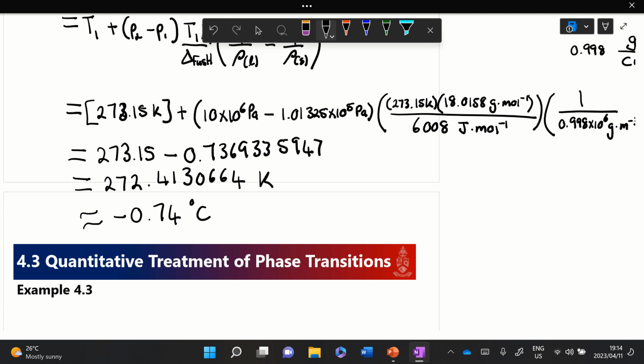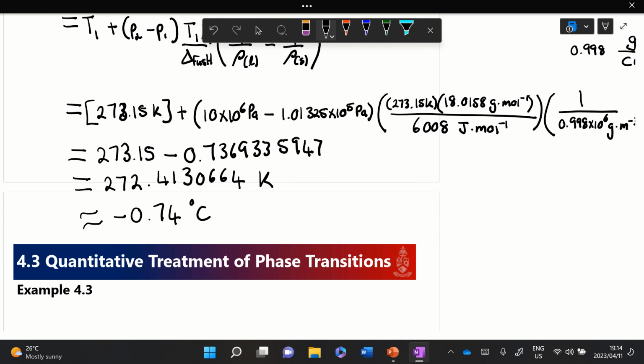Right, so if we place ice at a pressure of 10 megapascal, then we will lower the melting point of ice to minus 0.74 degrees Celsius. Just interesting. And does that make sense? Probably, because of the hydrogen bonding structure of ice, we will condense the ice structure. So in other words, the molecules are closer together, heat transfer can happen more easily, and so the ice will have a lower temperature at which it could melt, which makes sense.